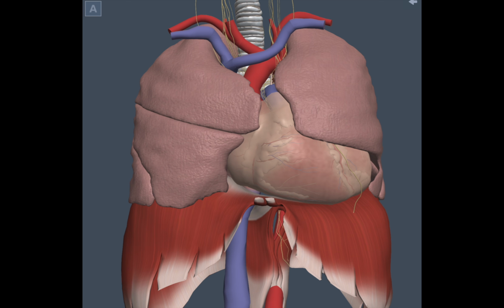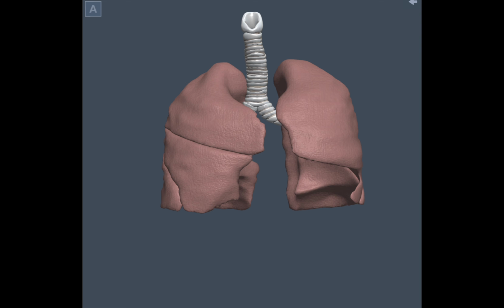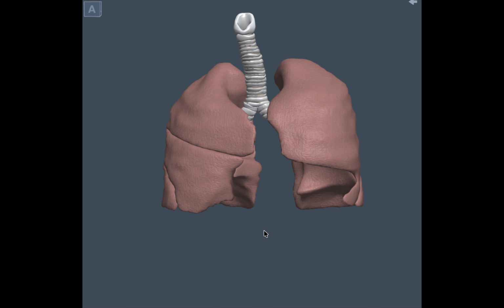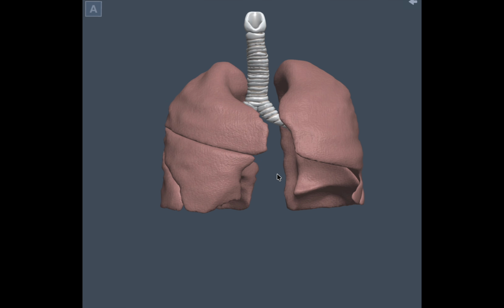Let's also look at a few distinguishing features on the lungs. Now, you might notice right off the bat that your left lung has 2 lobes and your right lung has 3 lobes. Let's look at the right lung first.